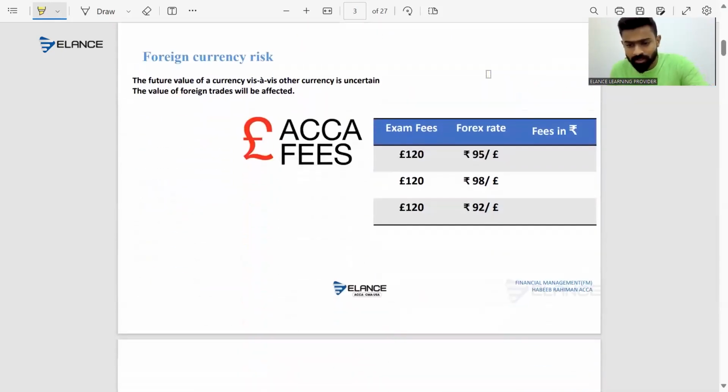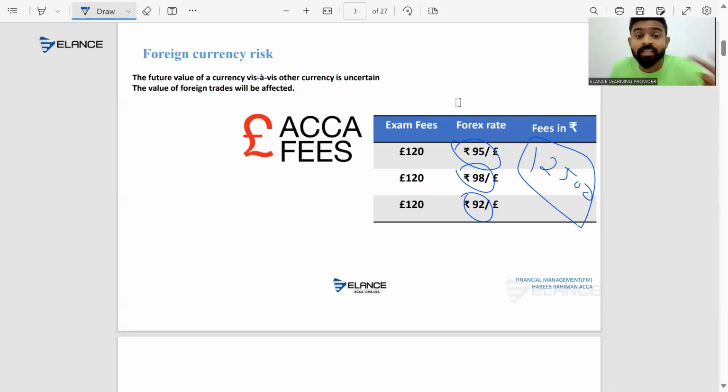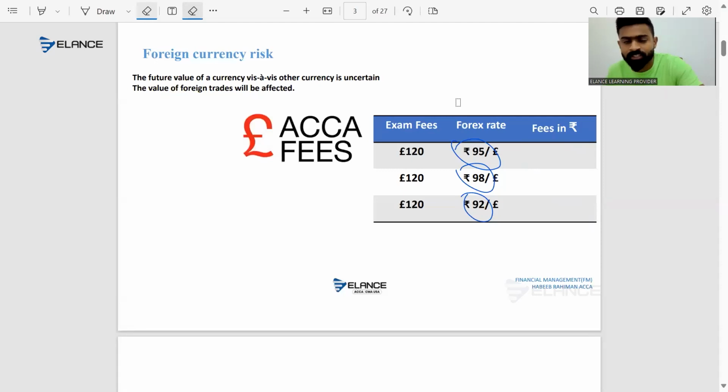Whatever the exchange rate might go, up to 95, 98, 92, whatever it is, it is fixed at 12,500 rupees. This would be certain if the invoices were in Indian rupee. But unfortunately, our ACCA exam fees are not in Indian rupee. They are invoiced in pounds, which is not our currency, so we are open to forex risk in our ACCA exam fees transaction.